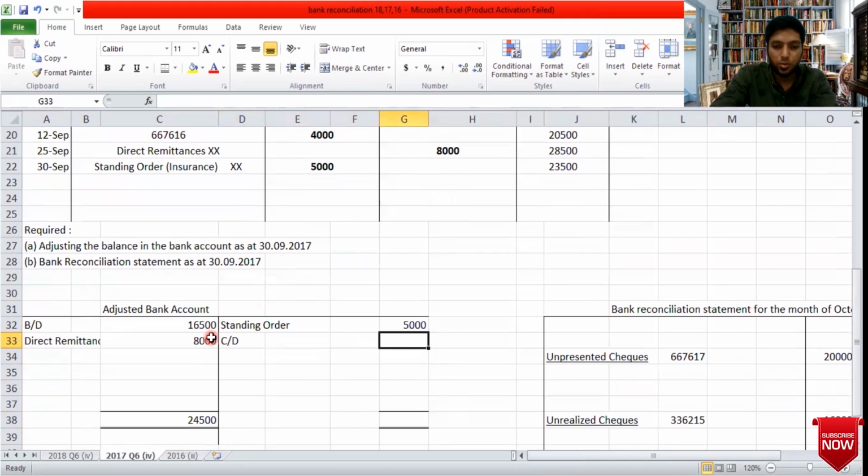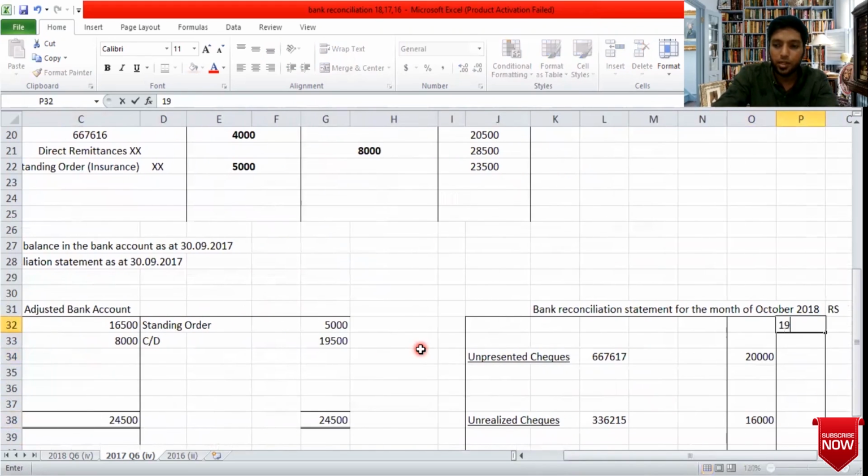Then 24,500 minus 5,000 will give you 9,500. This 9,500 is the amount you are going to transfer from your adjusted bank account towards the bank reconciliation statement. So I'm going to write here 9,500. I'll write here balance as per adjusted bank account. Right.